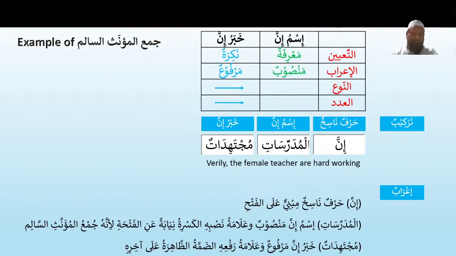That is the i'rab al-asli, the original i'rab. But because it's jama muannas salim, it shows i'rab with the kasra. So the kasra is in place of fatha, or in exchange of fatha.